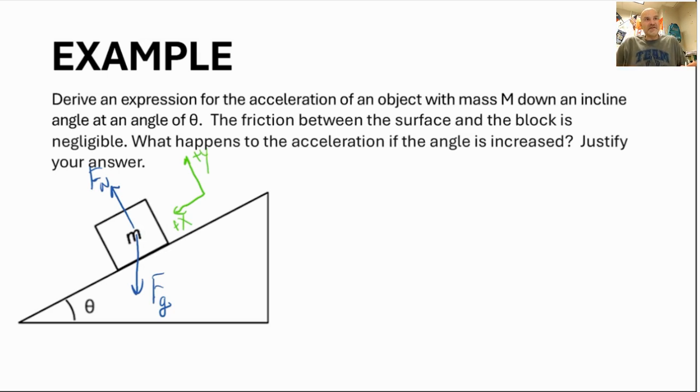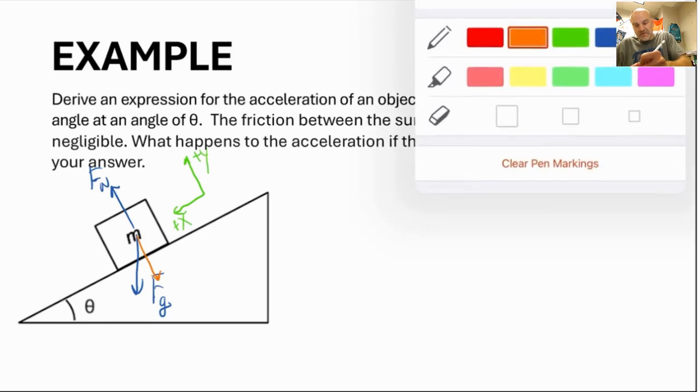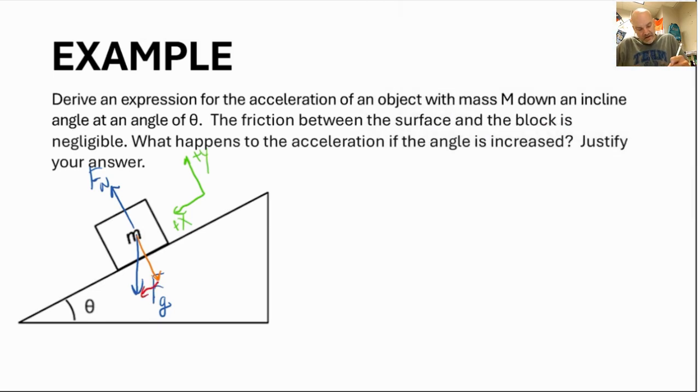That allows us to break apart F_G into two components, F_Gy and F_Gx. In fact, F_Gx is the only component pulling down this block. Through the magic of geometry, theta, the angle of incline, will equal the angle in our triangle there.